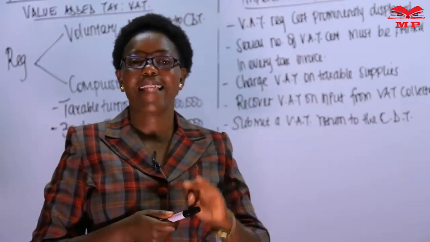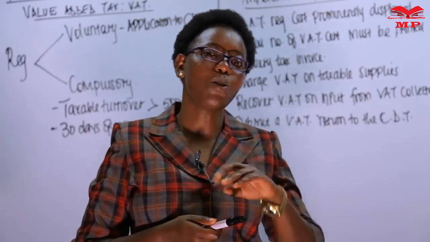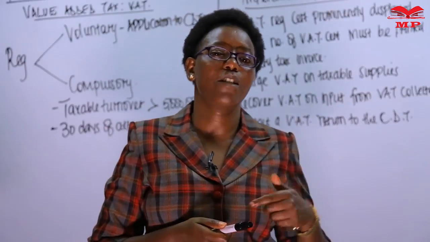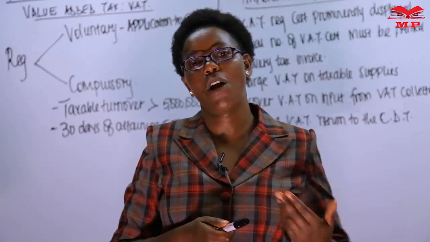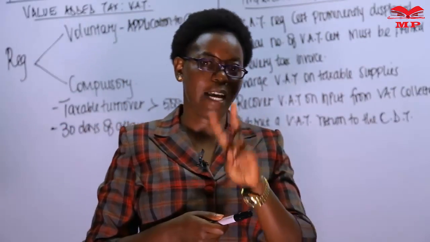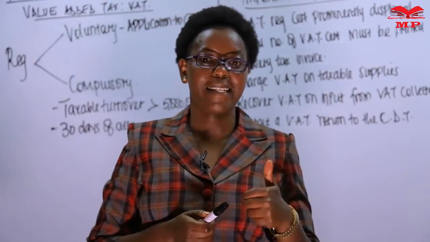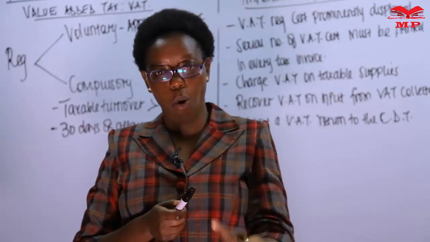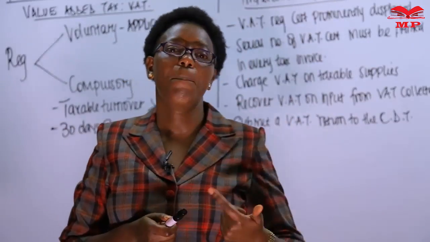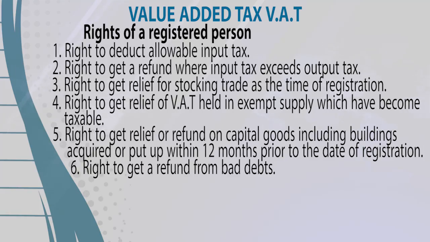And two, that debt has taken more than 3 years since you sold, and you have tried to collect the debt, but you have not been successful. So those are the two conditions: for a debt to be written off for VAT purposes, the debtor must have been declared bankrupt, or 3 years must have expired since the time that you sold. So the earlier of those two, you declare it a bad debt.